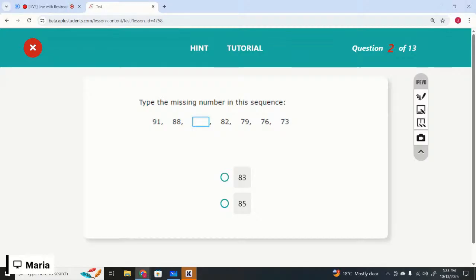Type the missing number in the sequence: 91, 88, missing number, 82, 79, 76, 73.